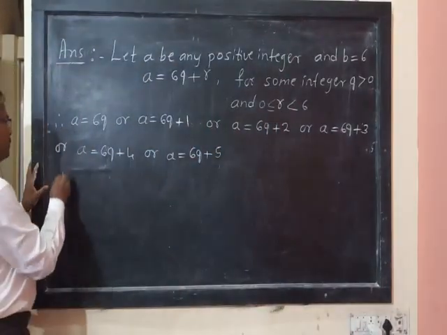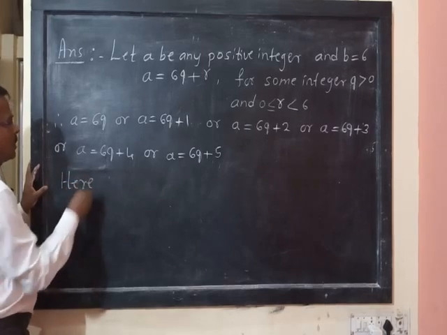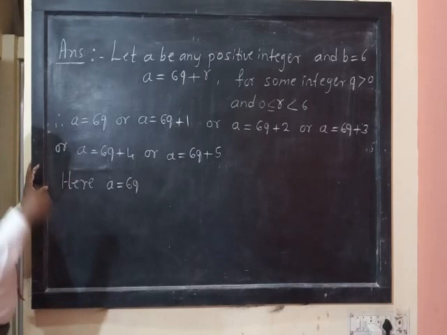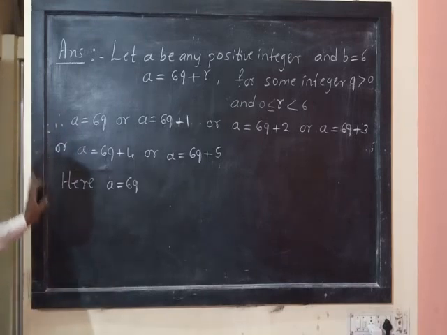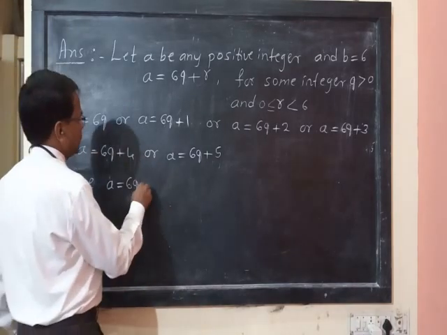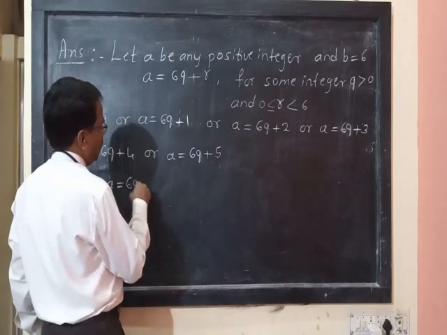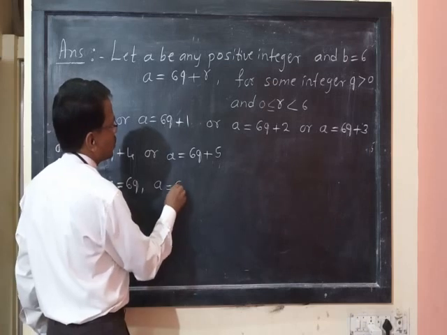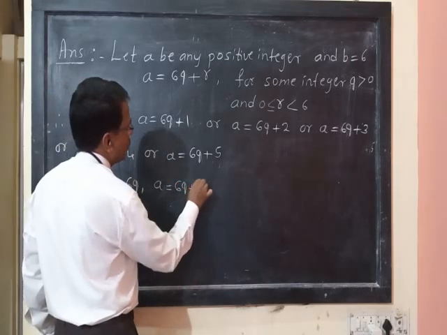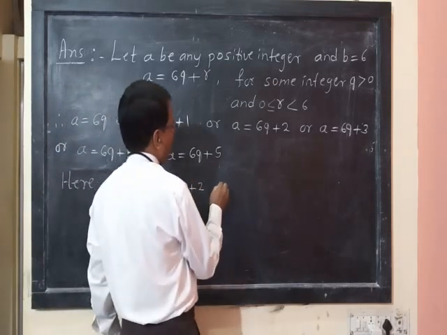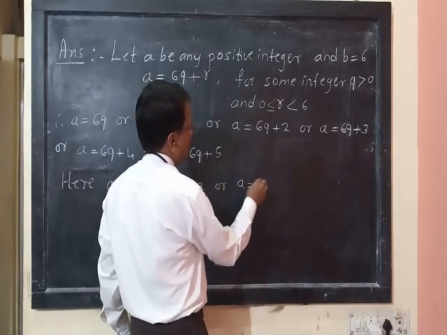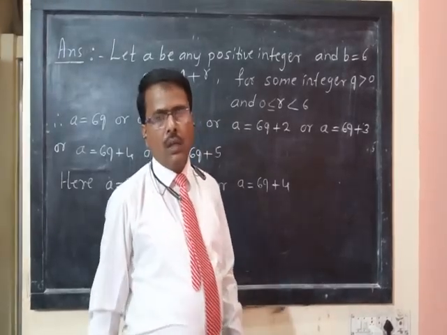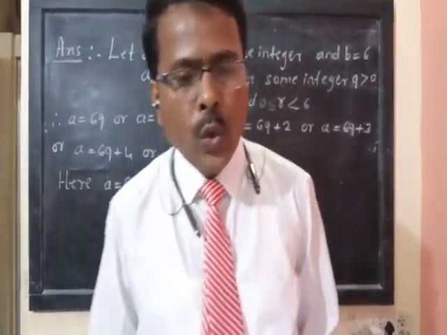Here a equal to 6q, or a equal to 6q plus 2, or a equal to 6q plus 4. These are all divisible by 2.